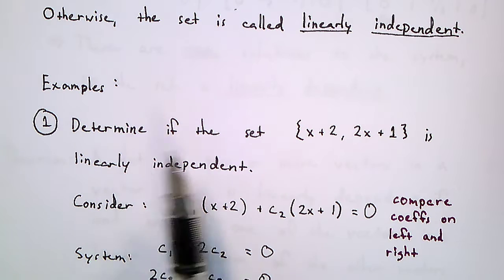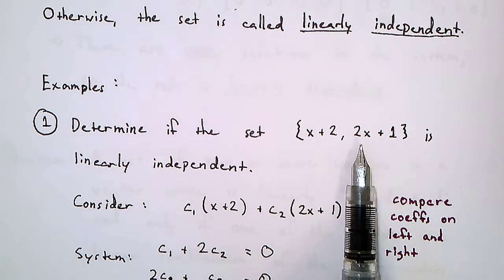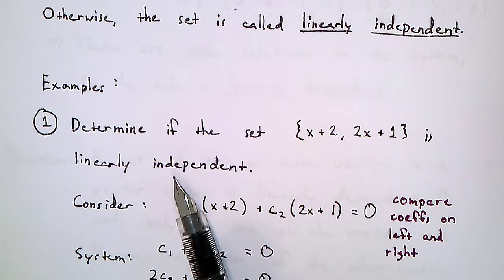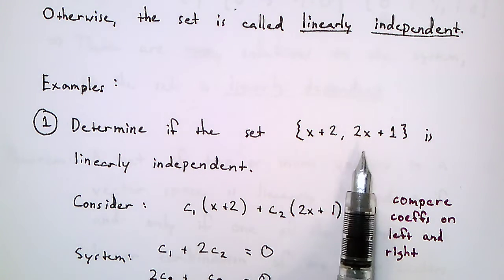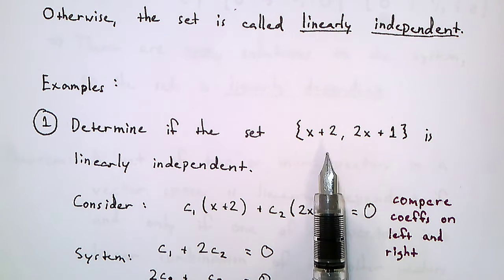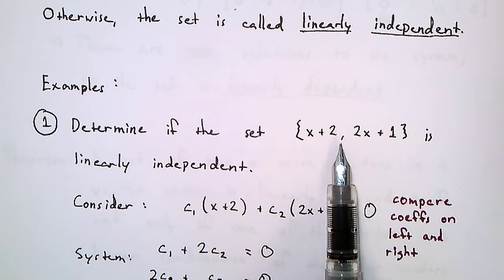Let's determine if this set of two vectors x plus 2 and 2x plus 1 is linearly independent. In this example, we're looking at polynomials, and we can think about this as the subspace of polynomials P1, or we could think about this as just a set of functions.